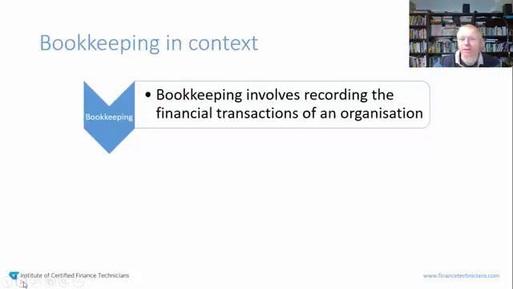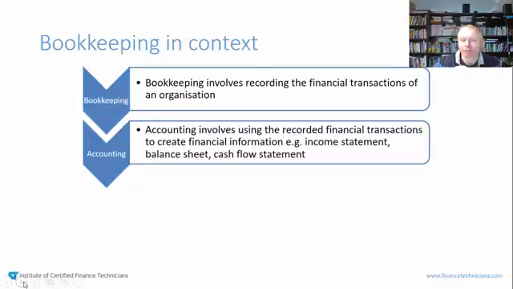Bookkeeping involves recording the financial transactions of an organization. It doesn't matter whether you're a multinational or a small corner shop. Once you have financial transactions, you need to record them, and your bookkeeping system will capture that data. After you've recorded your basic financial transactions, then accounting kicks in.